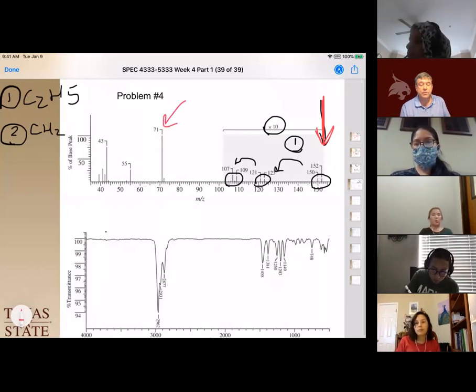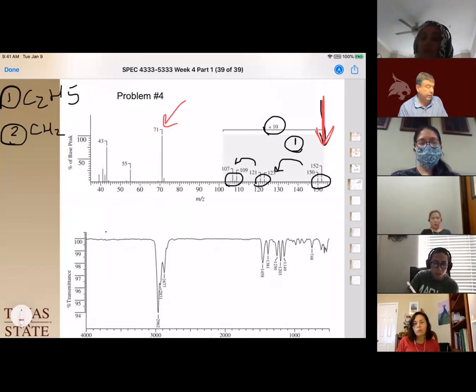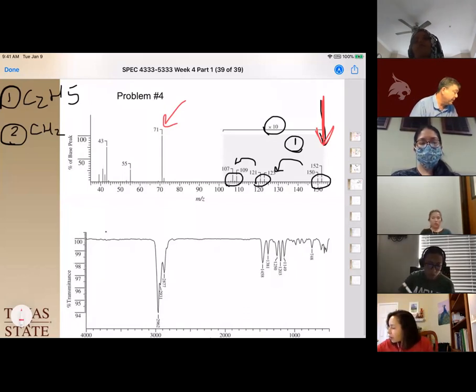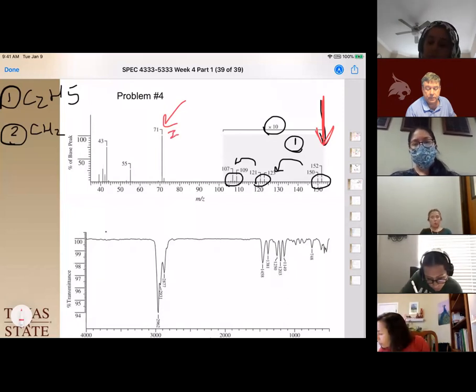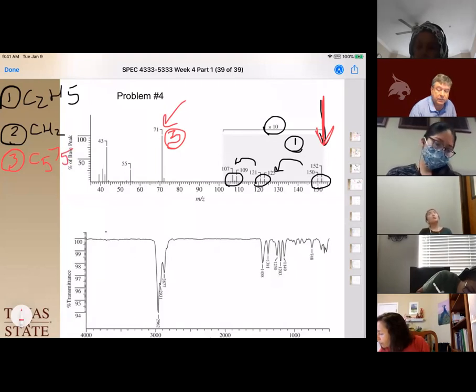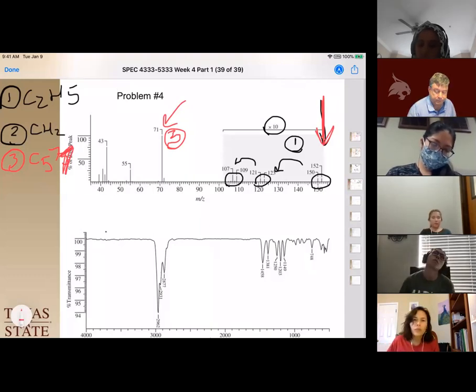So if we just lose the bromine on it, we get the fragment 71, and fragment 71 is a C5H11. So this is 3 right here. 3 is C5H11.